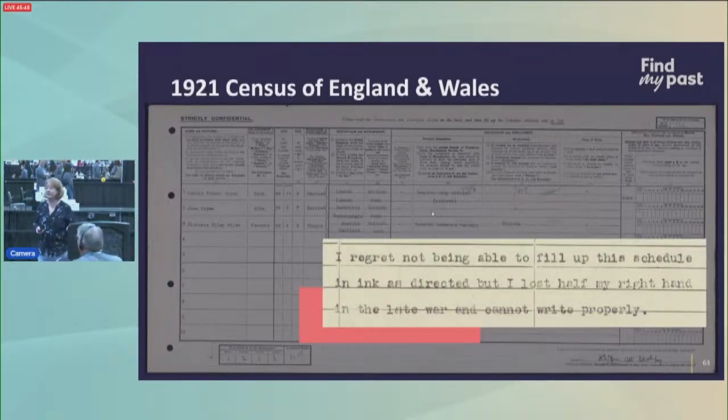He was 46 at the time of the census, and he says, I couldn't use ink as per the instructions. I had to use a typewriter because I lost half my right hand in the late war and I can no longer write. 1921 census is full of these very touching, heartbreaking moments documented by veterans who had come home and are now doing their best to recover during a very difficult period in England.